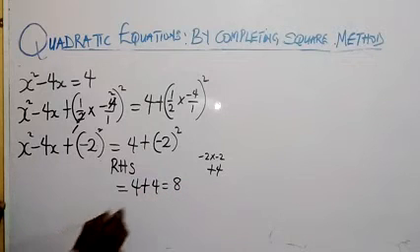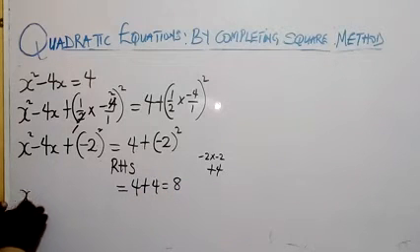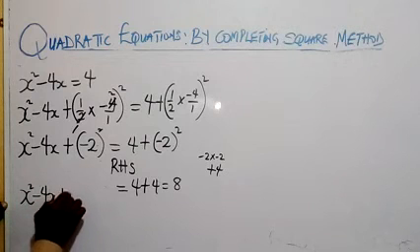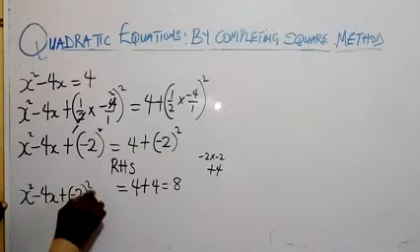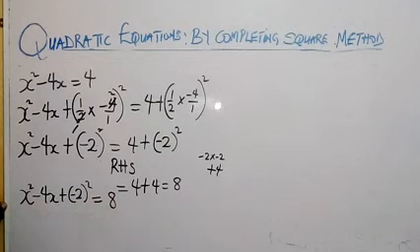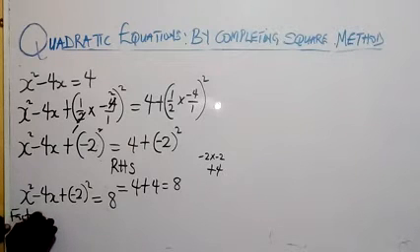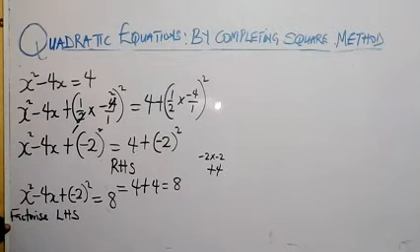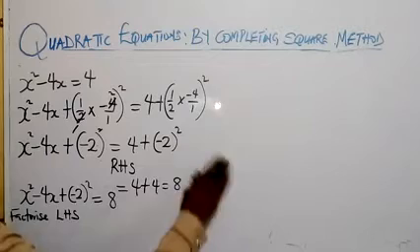So we'll equate it to this, where we have x squared minus 4x plus minus 2 squared equals 8. We're going to factorize the left hand side now.